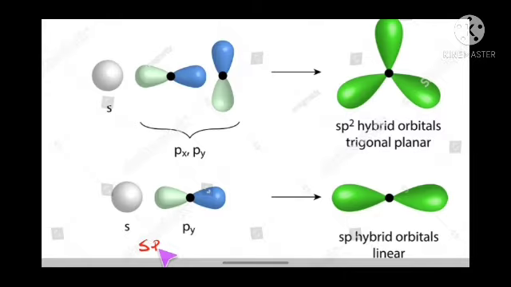That's why we call it sp hybridization. You know the shape, right? This is the shape of the s orbital, and this is the shape of the p orbital. One s orbital and one p orbital together equal this one. So this is the sp orbital, and this is the shape of the sp orbital.